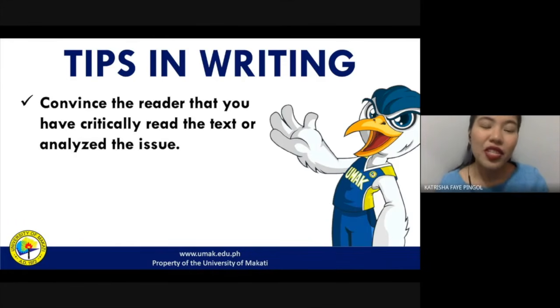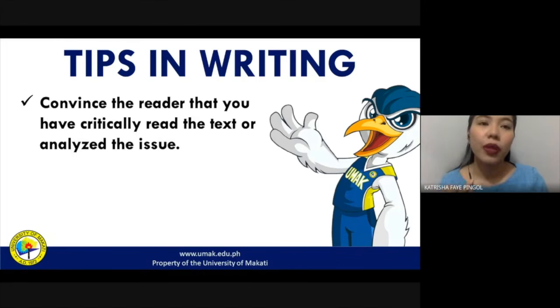You can convince your reader if you really support your position paper, your very own position, with solid evidence. So you can include statistics like what we have mentioned earlier. You can include references, reliable sources of information, not just base your information from news that you can see on Facebook.